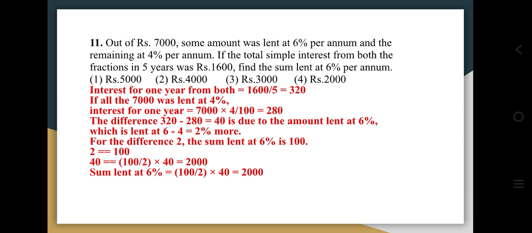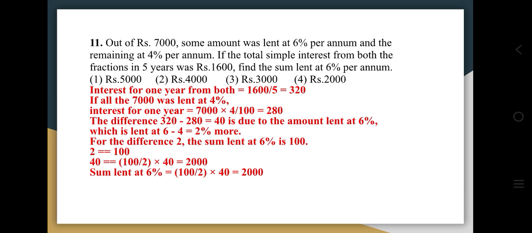If all the 7,000 was lent at 4%, the interest for 1 year: for 100 the interest is 4, and we want the interest for 7,000. So 4% rate of interest means for rupees 100, 1 year interest is 4. We want the 1 year interest for 7,000. So divide 4 by 100, multiply by 7,000.